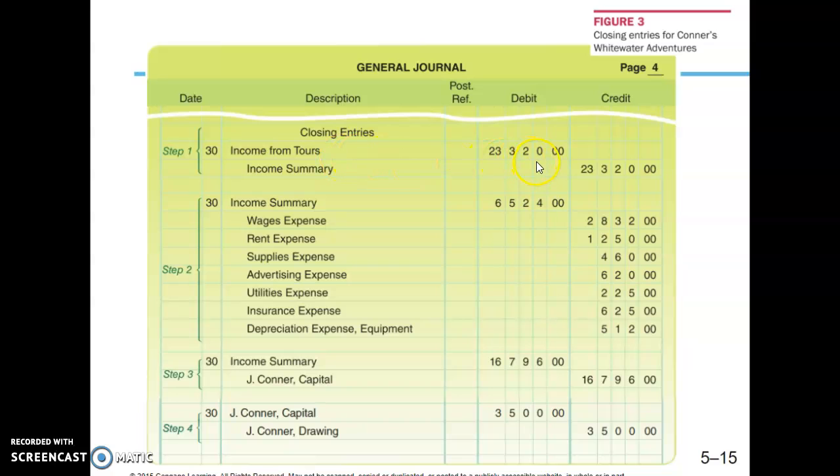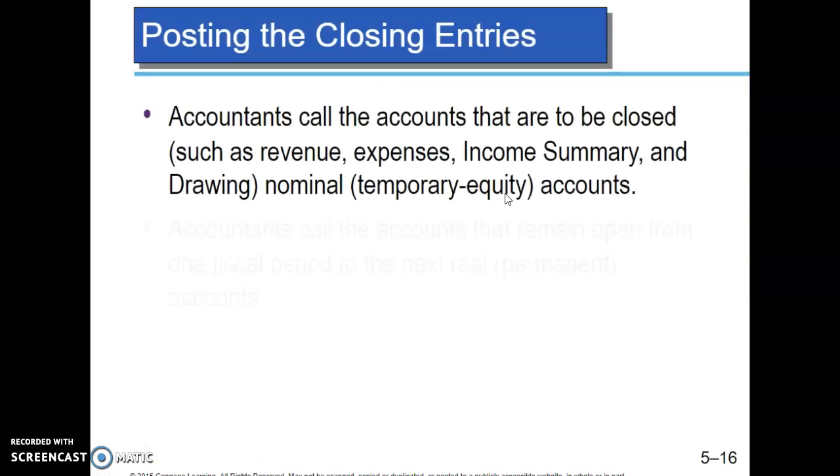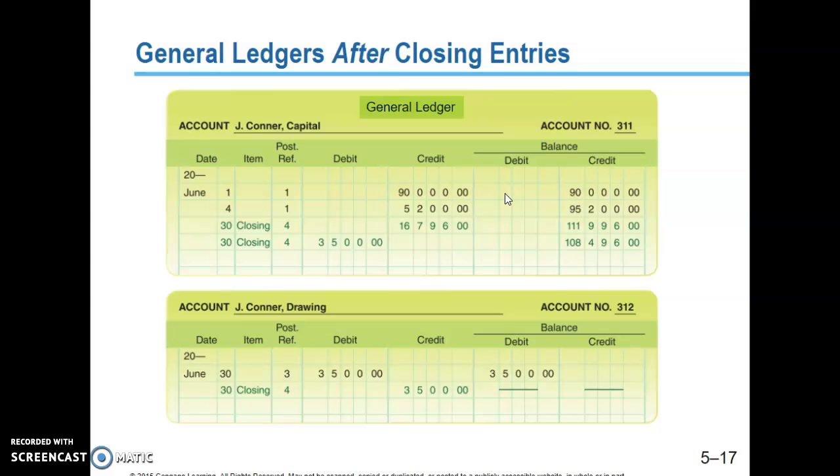So you would find income from tours. You would put it in as a debit of $23,320. You'd find your income summary. You would credit $23,320. I'm going to skip forward here to what that's going to look like. So if you notice in your general ledger where it says item, okay, the new piece of this is that you're going to actually write either adjusting or closing in here as we journalize these entries.